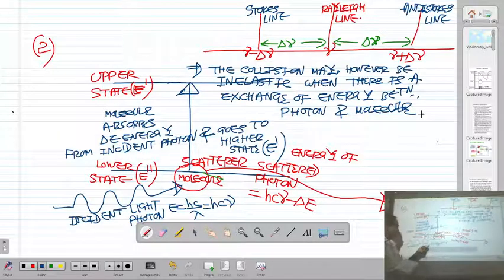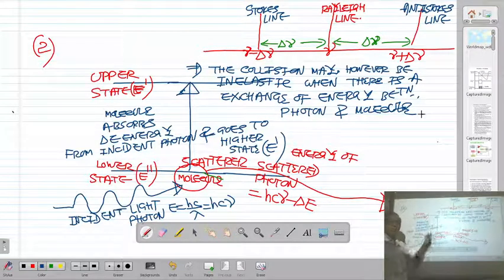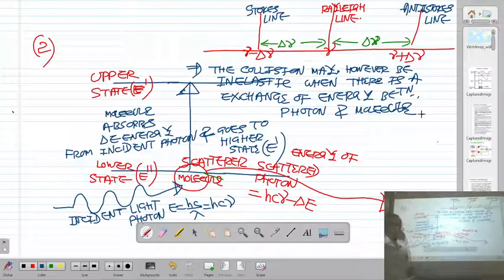Okay, the ΔE energy of the incident light photon is absorbed by the scattering molecule and it goes from lower state to upper state. The energy of the scattered photon will be less. That is hν minus ΔE.